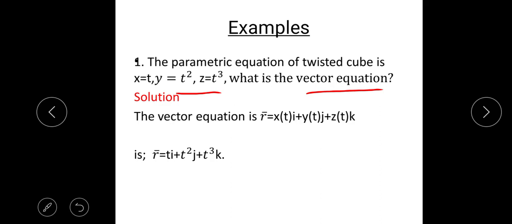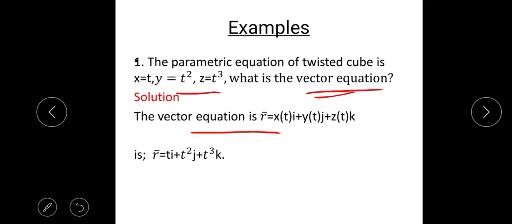Here you are given it in split up form, x is equal to t, y is equal to t square, z is equal to t cube. This is actually the parametric form. You are asked to find the vector equation, which means you want to combine these components.